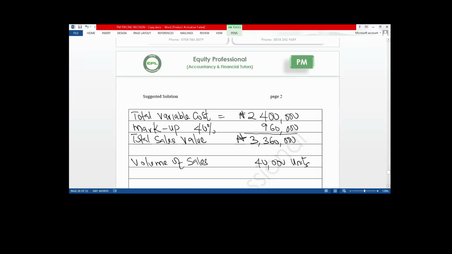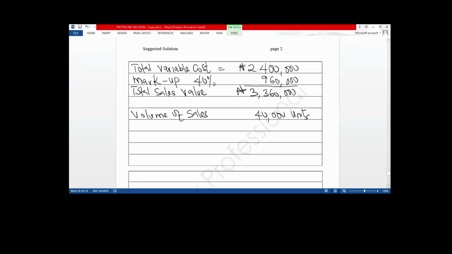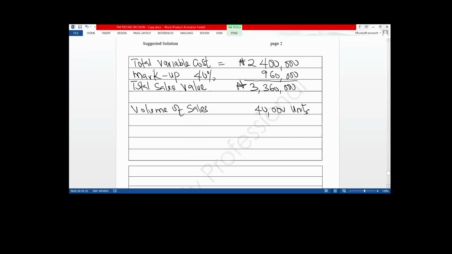Therefore, selling price per unit is equal to total sales value, 3,360,000, divided by 40,000 units.